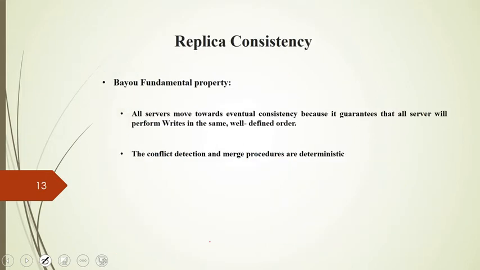So the main fundamental property of Bayou is replica consistency. In this, every server will perform writes in the same well-defined order so that all servers move towards eventual consistency. The conflict detection and merge procedures are also deterministic.